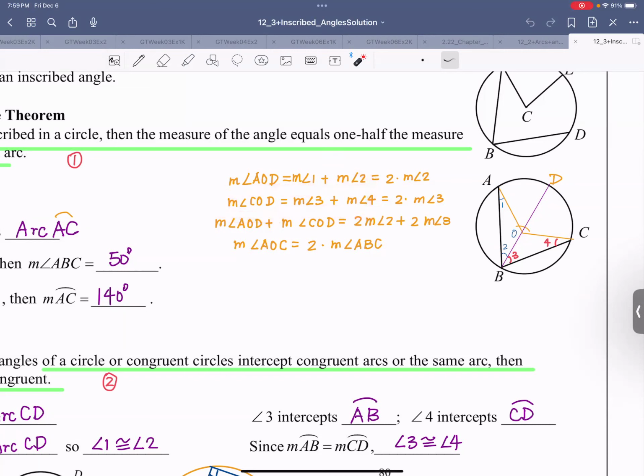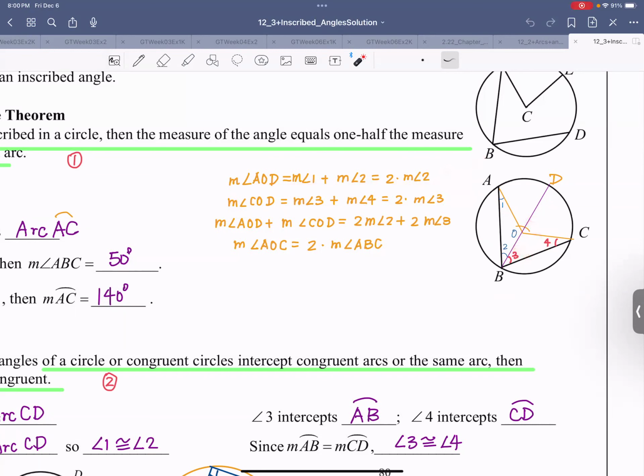Now, the radii are equal, so angle 1 and angle 2 are equal, right? So the measurement of angle 1 plus angle 2 is 2 times angle 2. How about angle 3 and angle 4? They are equal. So this will be 2 times angle 3.